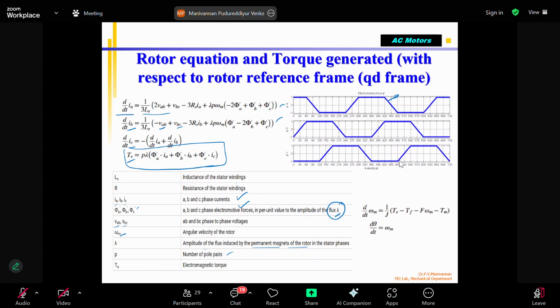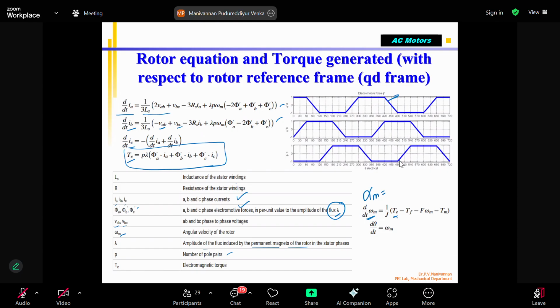Here we know that for the motor, the acceleration is d by dt of omega m, where omega m is the motor shaft speed. So d by dt omega m is nothing but acceleration. Shaft acceleration is 1 divided by J into Te, where Te is the torque generated by the electromagnet.